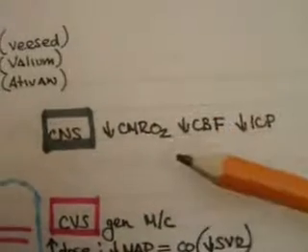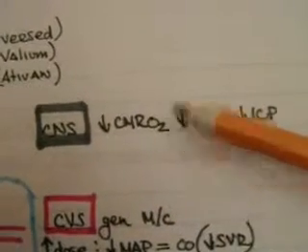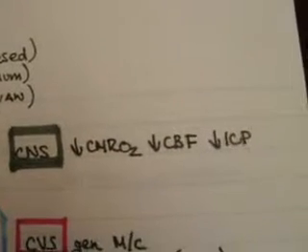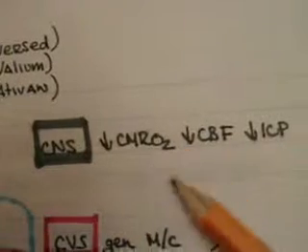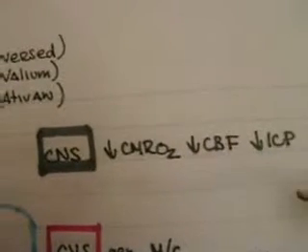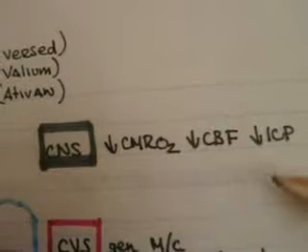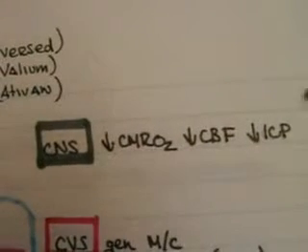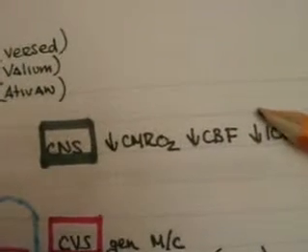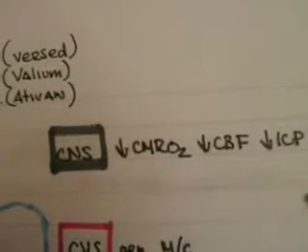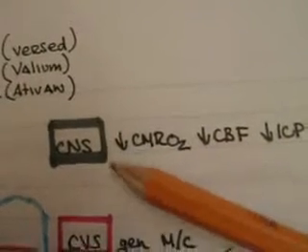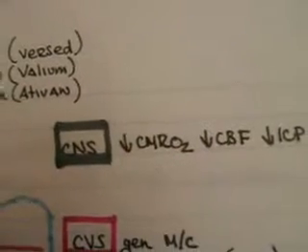So there's a decreased CMRO2, and due to a decreased CMRO2, there's a decrease in cerebral blood flow. As you decrease the blood flow to the brain, there's ultimately a decrease in cerebral blood volume that results in a decreased intracranial pressure. So this may be a beneficial or protective effect on the central nervous system created by benzodiazepines.